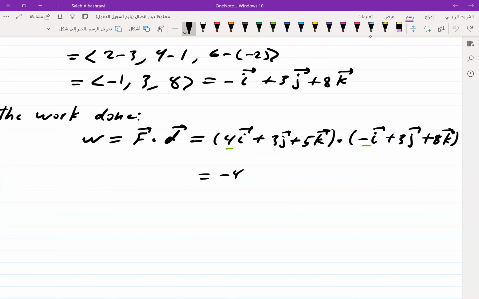This is a1 with b1, a2 with b2, a3 with b3. 3 times 3 is equal to 9. 5 times 8 is equal to 40.